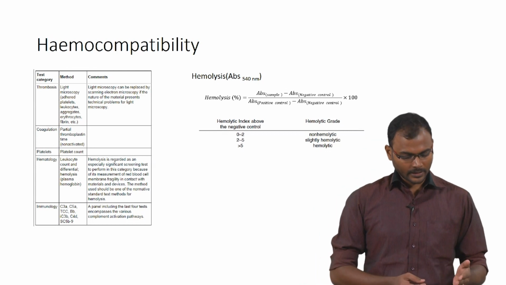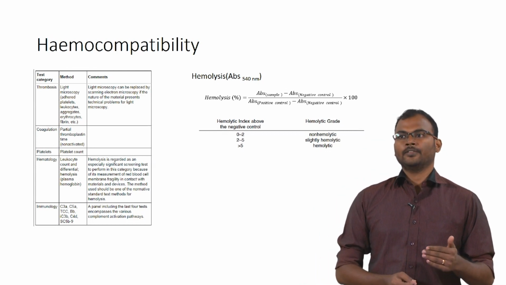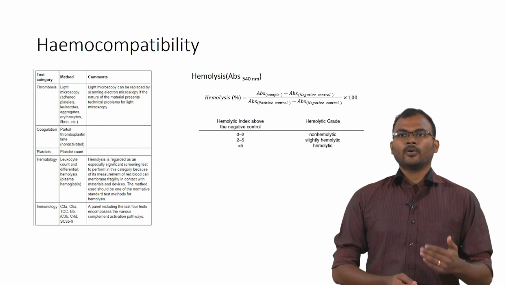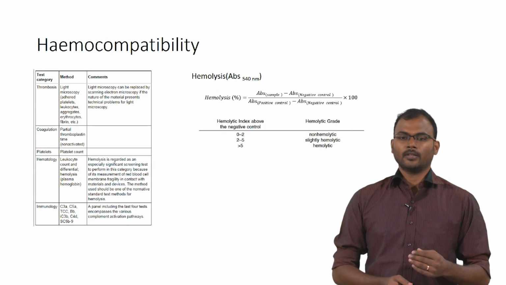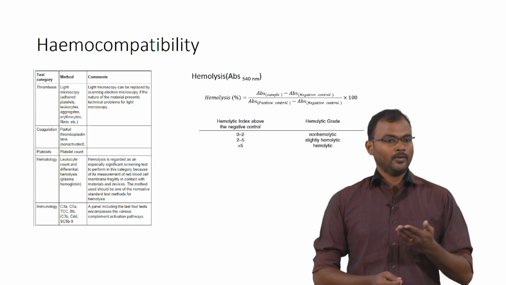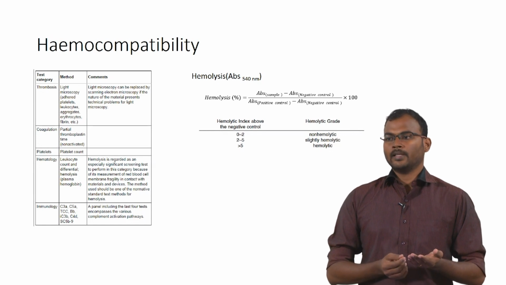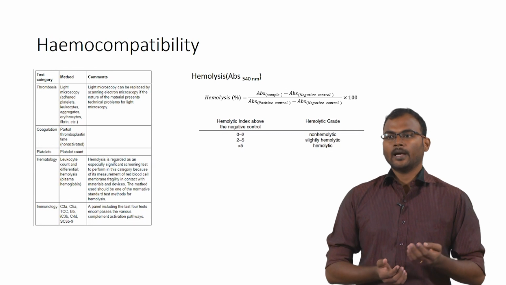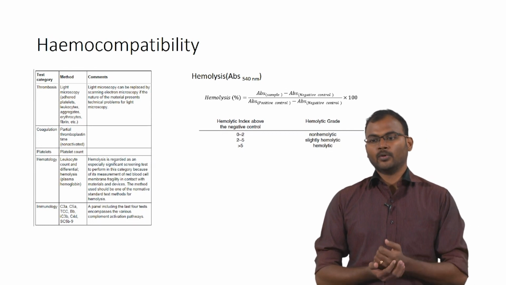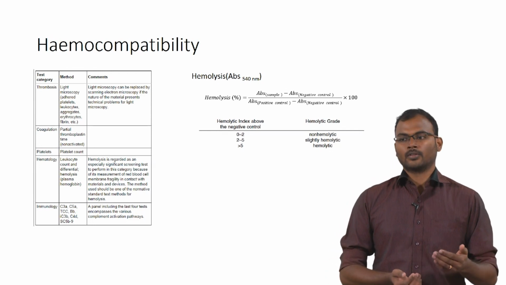Other than these methods, there is the partial thromboplastin time, which estimates the time required for thrombus formation. You have your control material and your sample material, you put your blood sample on both of them, and you add a coagulation factor to both of them, which will lead to thrombus formation.